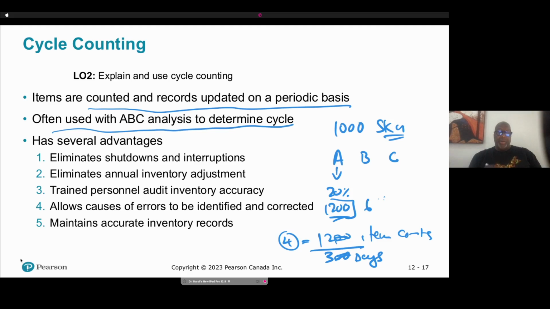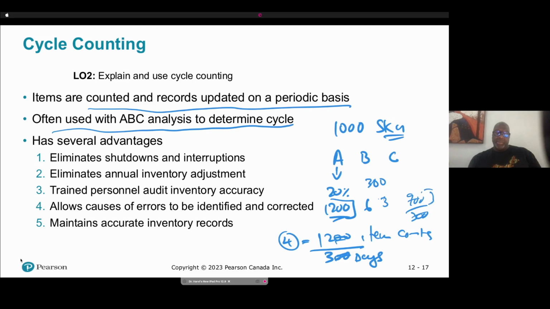I just showed you how, by using ABC analysis, if we wanted A items to get 6 counts, that would be 1,200 item counts divided by 300 days. For the next class, B items, which is 300 items, for example, if we only wanted those counted 3 times a year, then 3 by 300 is 900 item counts divided by 300 days.